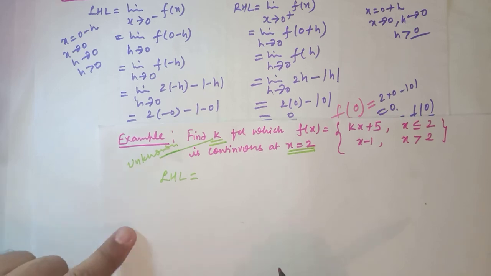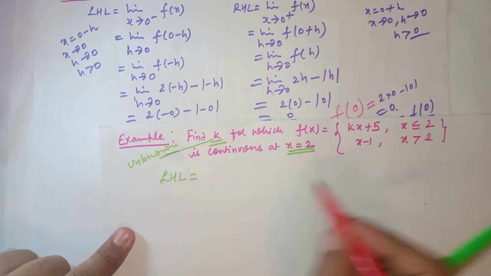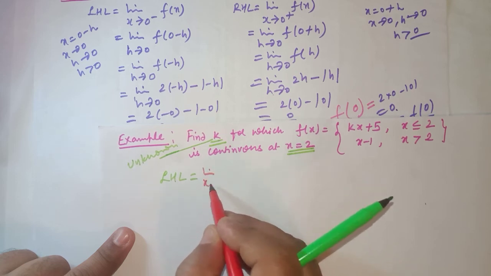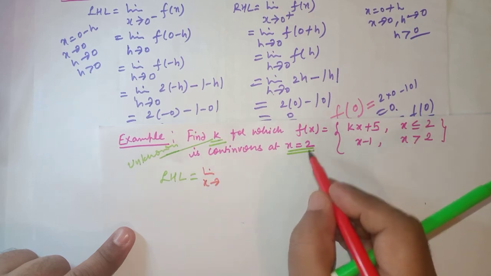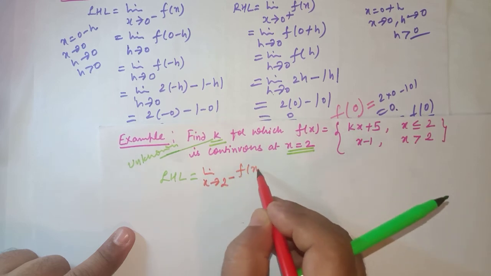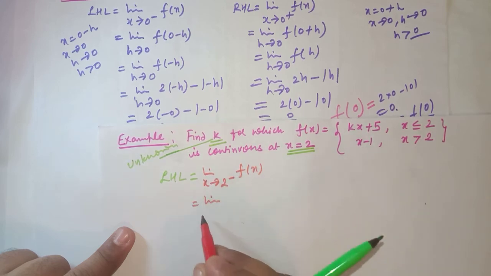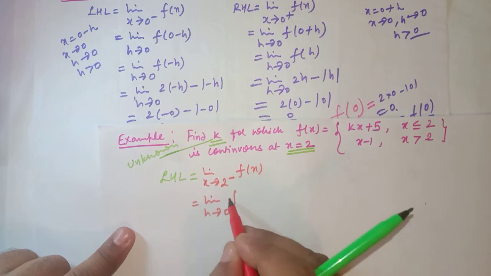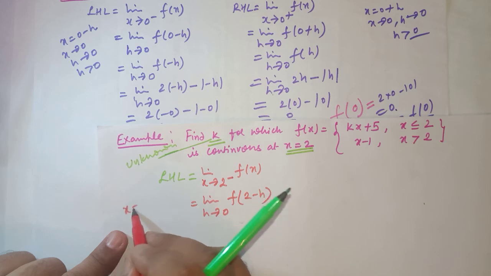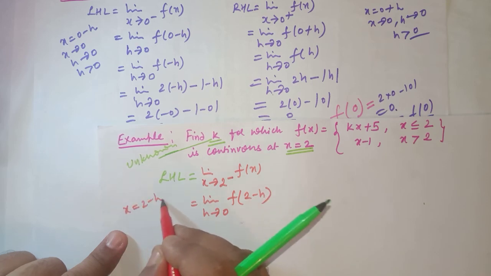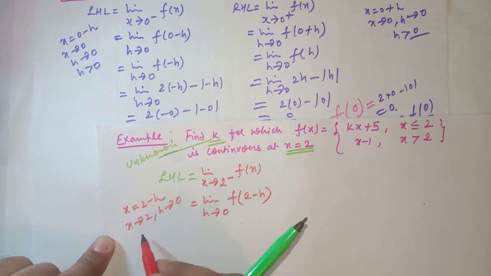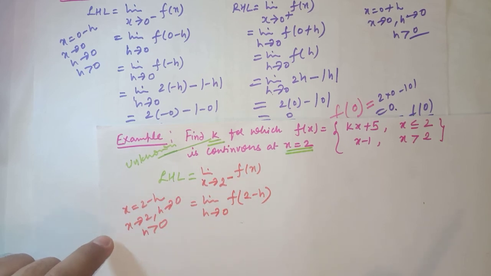So what we'll do, we'll find the left hand limit and right hand limit. So left hand limit is limit x tends to 2 minus of f(x), the point of consideration is 2. So limit h tends to 0 of f of 2 minus h. Again x is equal to 2 minus h. As x tends to 2, h tends to 0 and h is greater than 0.